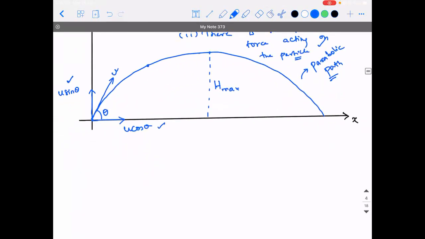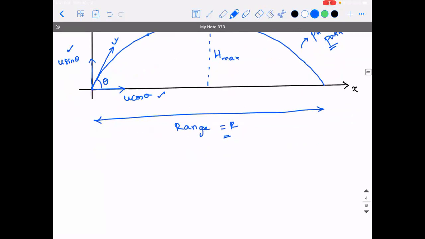Similarly, the horizontal distance from the starting point, or I can say the horizontal displacement of the particle along the horizontal, is what we call range. Range is represented by the symbol capital R. And the third important parameter that you need to calculate is time of flight, represented by the symbol TF.